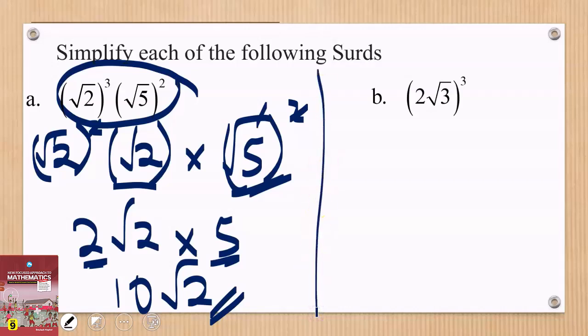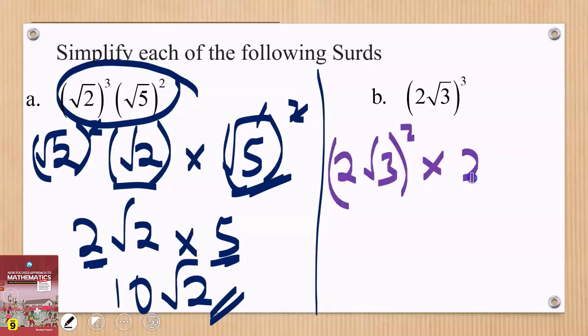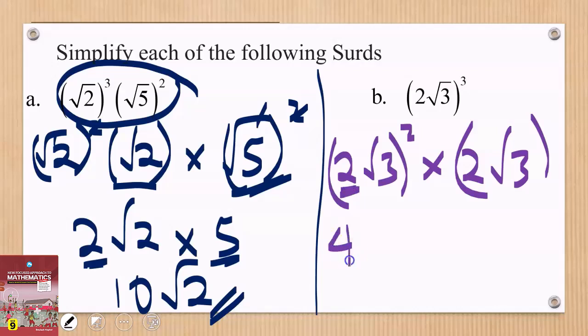Now when you come to this part of the work, the B part, again we have 2 root 3 cubed, which simply means we can say 2 root 3 squared times 2 root 3, so that we get back our 2 root 3 cubed. Now 2 root 3, we square this and that will give us 4.